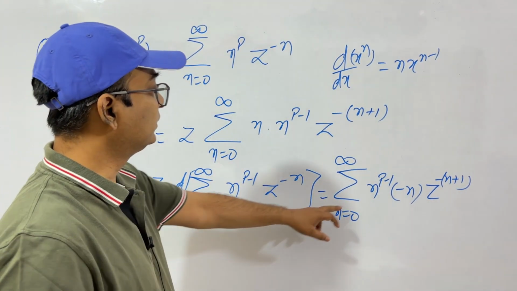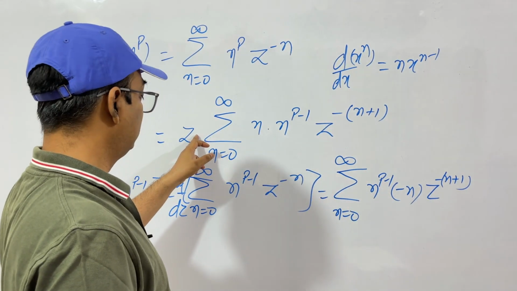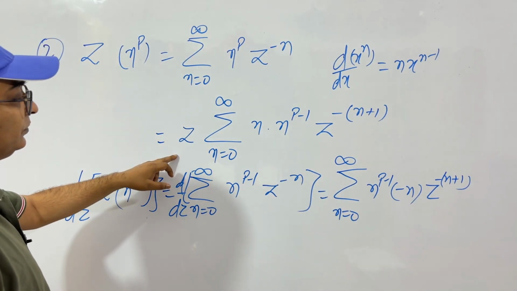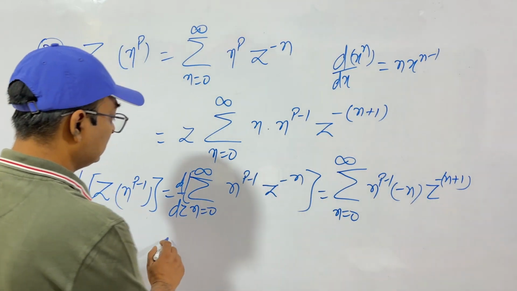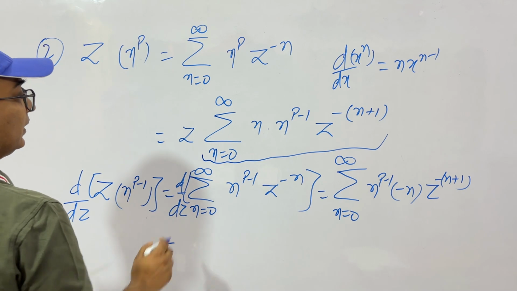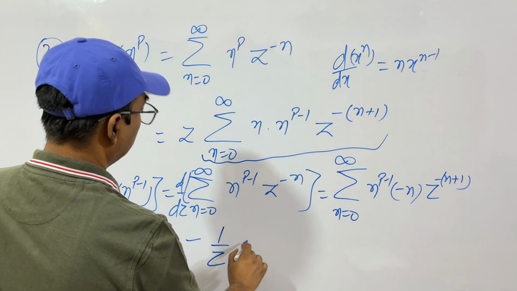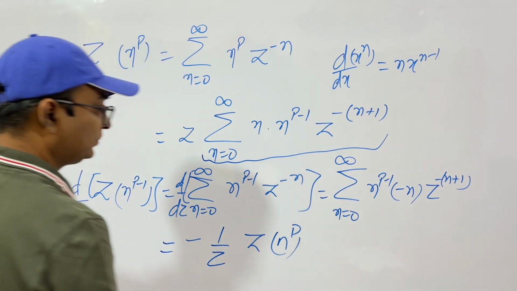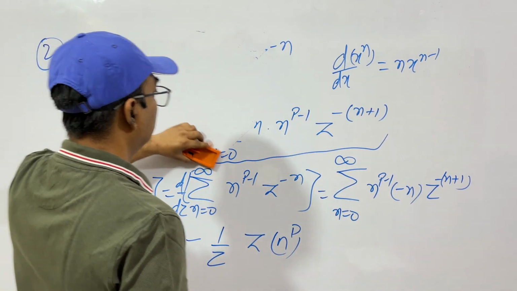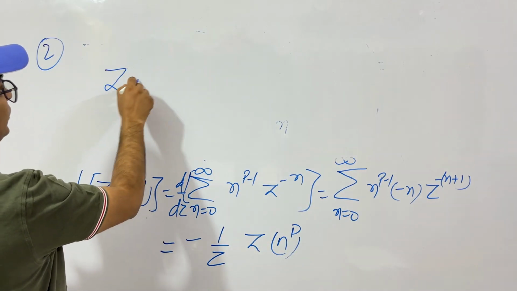Now compare it with this equation. You have a minus sign and you have z here, so you can write it as this by z. Okay, I'm writing here, this is from here to here. So we can write this as minus 1 by z times Z of n to the power p.